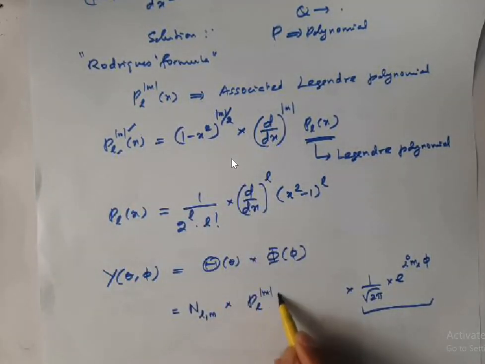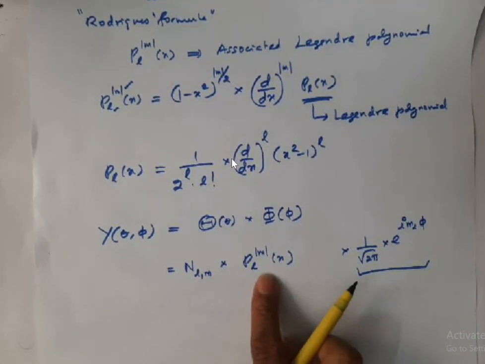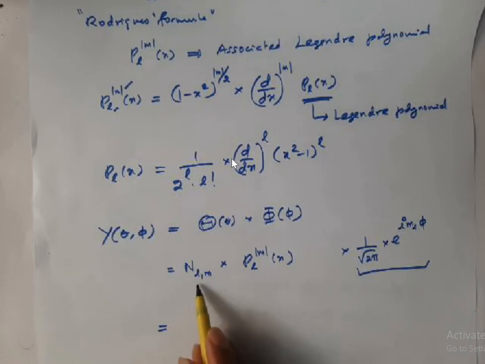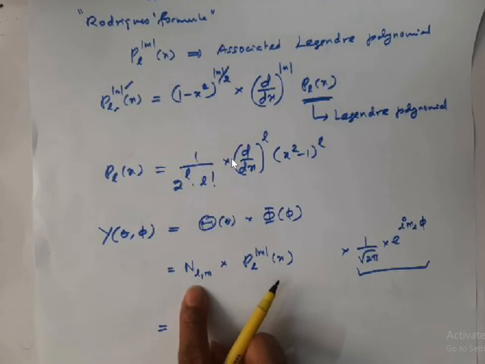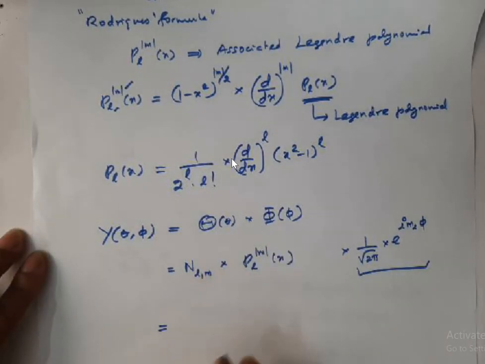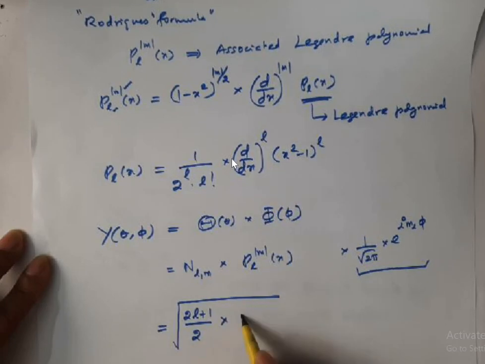The theta function consists of a normalization constant term, a normalization constant that depends on the values of L and m, into the associated Legendre polynomial PL of m of x. We know very well how to find the associated Legendre polynomial. And what is this normalization constant? By making use of the normalization condition, you can find the normalization constant.